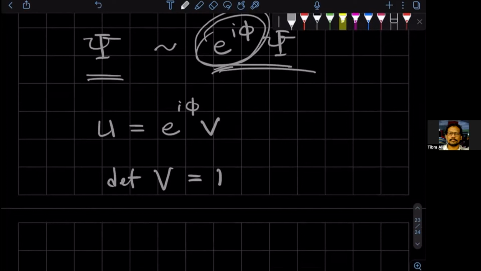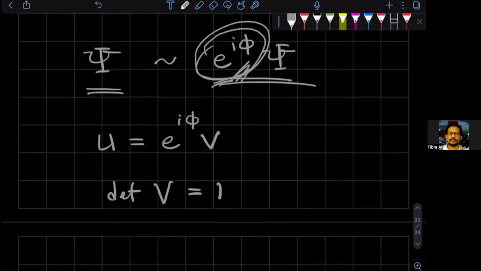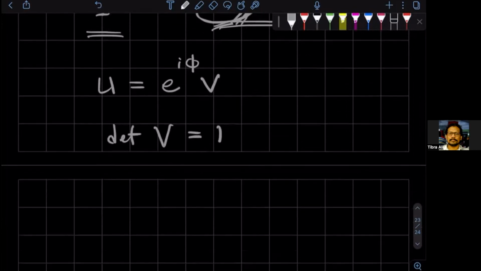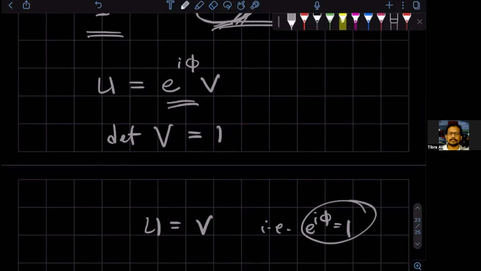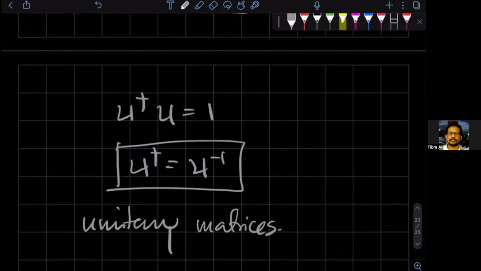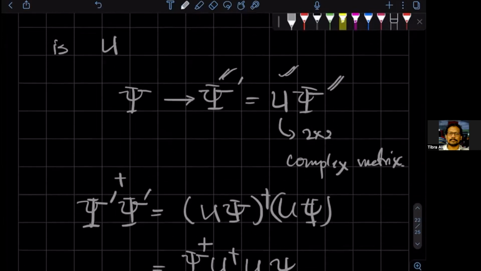So using this freedom of quantum mechanics, we can set U equal to V. That is, we can set the e to the power i phi to 1, because it has no physical significance.